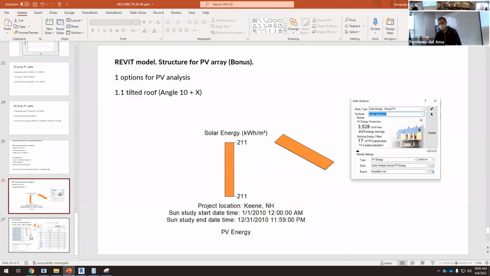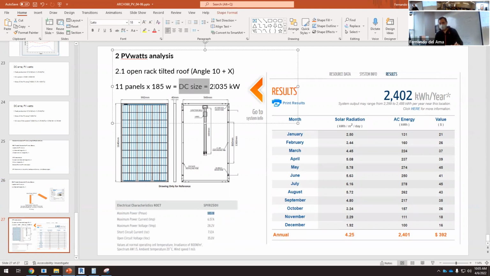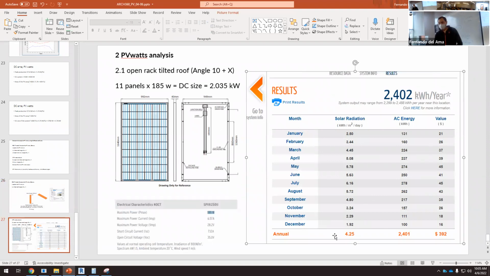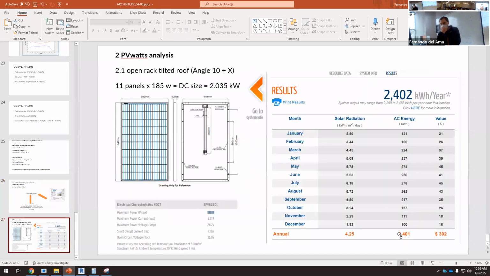Yeah, so all the information we need is here. But in PV watts, we need to select the panel, and then we need to select the DC size as an input. And then we have this output, and we are comparing the annual performance. Okay, so we are comparing this value, in this case is 2000, and in this case would be 3500, and this is 2400.